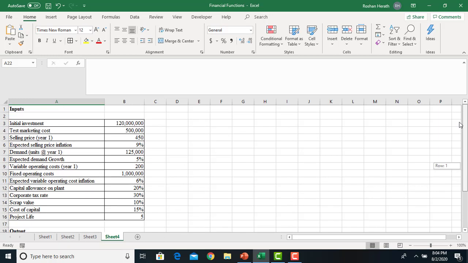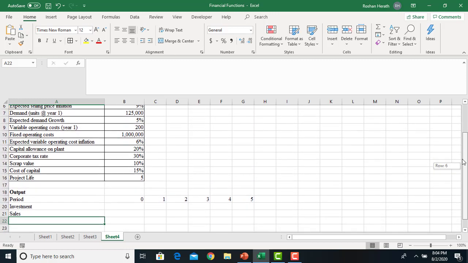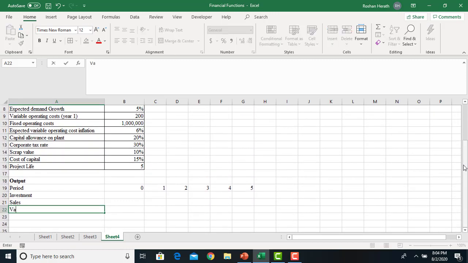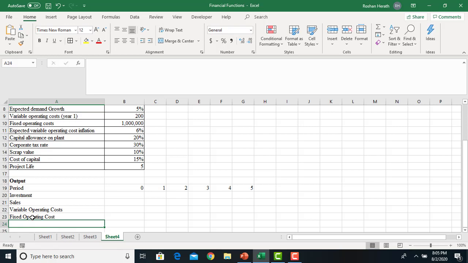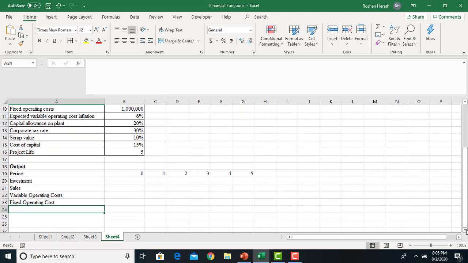Thereafter, operating cost. The variable operating cost can be taken. Then the fixed operating cost, similarly, you can take. So then thereby you can work out the profit, and then you can calculate the income tax or corporate tax.